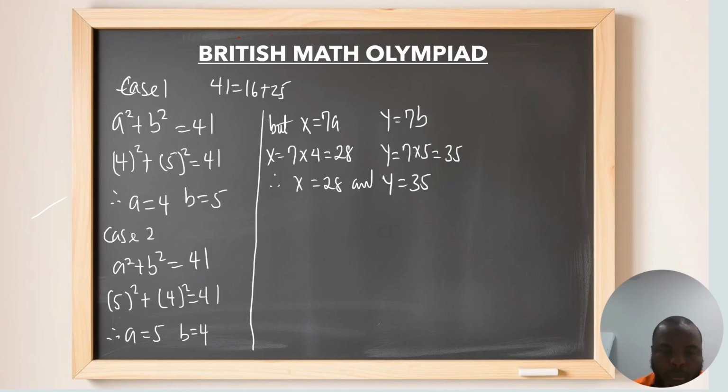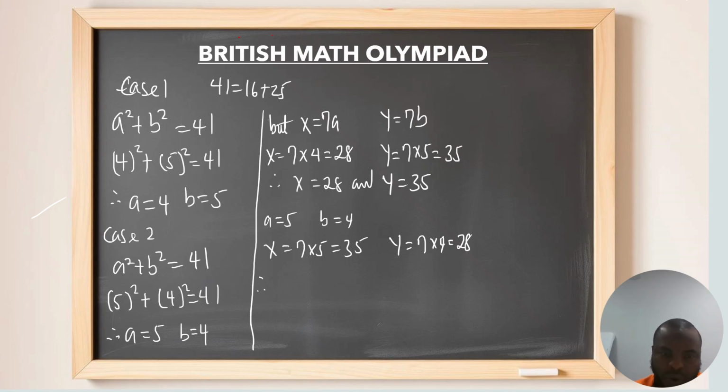In case 2, since a is 5 and our b is 4, x is going to be 7 times 5, which is 35, and our y is going to be 7 times 4, which is 28.